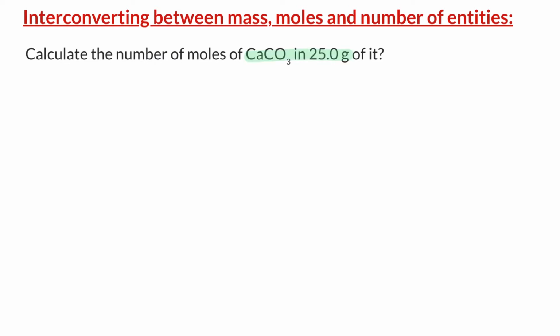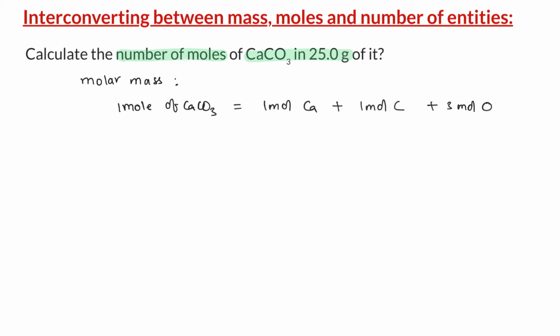You are given 25.0 grams of calcium carbonate and you want to find how many moles of calcium carbonate are present in 25 grams. First, we calculate the molar mass of calcium carbonate. 1 mole of calcium carbonate contains 1 mole of calcium, 1 mole of carbon, and 3 moles of oxygen.